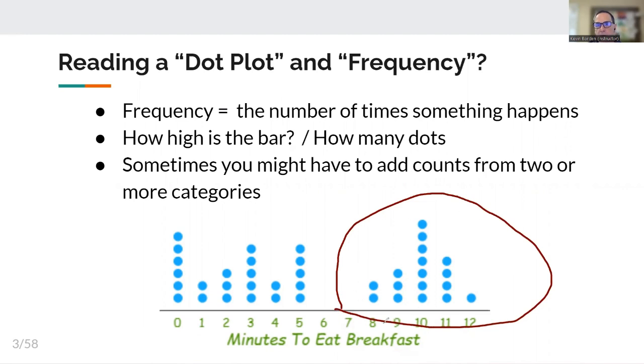So I just have to count those dots. That's it. 1, 2, 3, 4, 5, 6, 7, 8, 9, 10, 11, 12, 14, 15, 16, 17 people. It looks like 17 people took more than 7 minutes to eat breakfast. And we could ask all kinds of questions about this chart, but you just have to understand what the dots mean. That is called a dot plot.